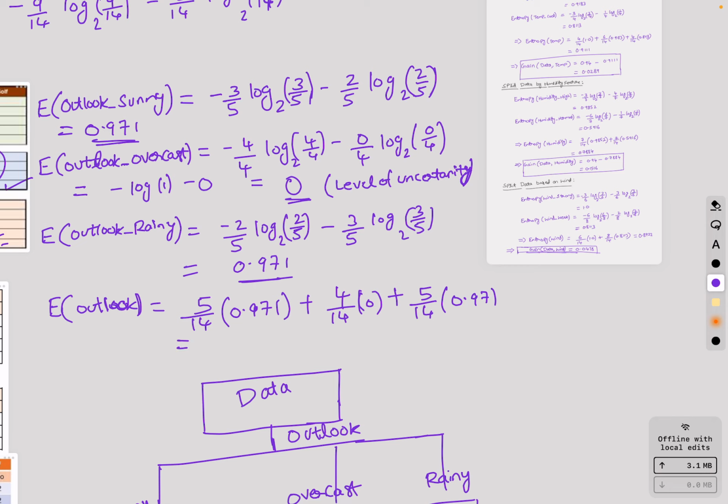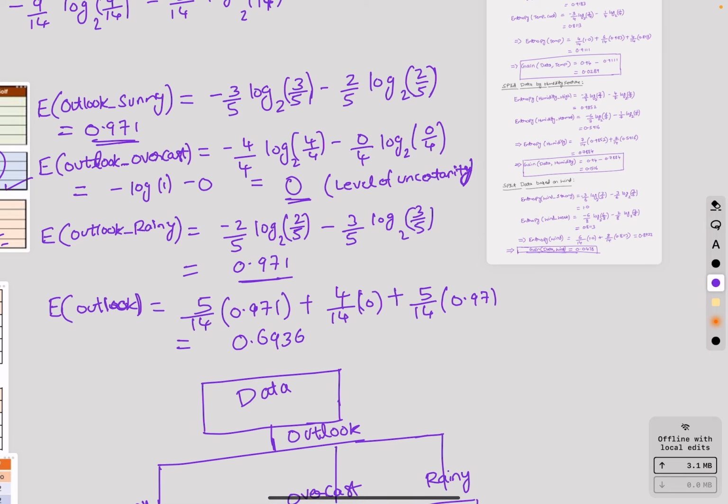That turns out to be approximately 0.6936.